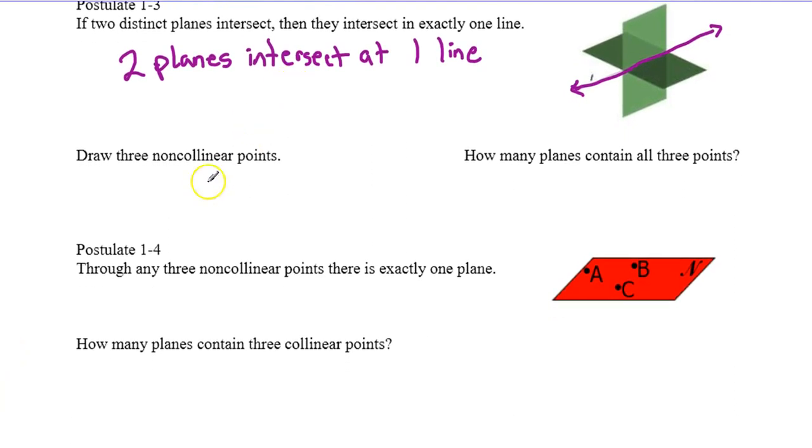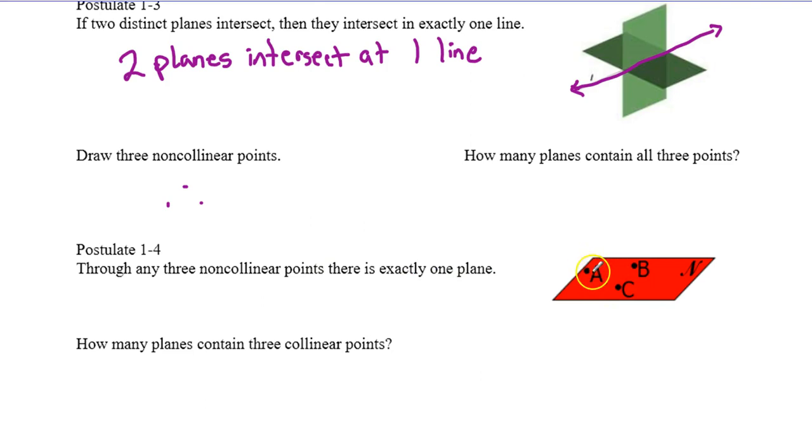All right, draw 3 non-collinear points. Now, when we have 3 non-collinear points, how many planes contain all 3 points? So how many planes can get all 3 of those points through any 3 non-collinear points? There is exactly 1 plane.